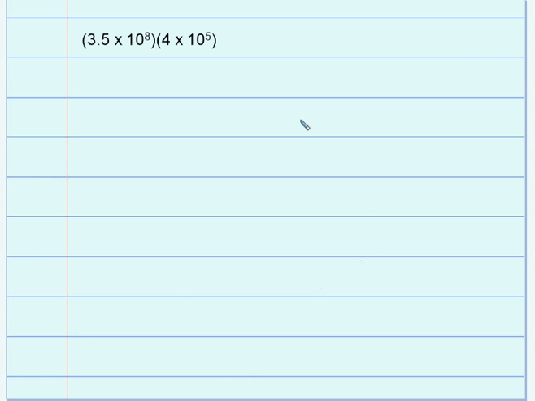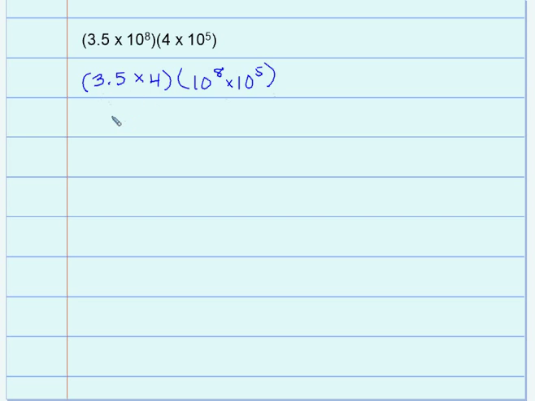And this will work the same if this were a division problem. Okay, so again, use the commutative and associative properties. We're going to take the numbers times the numbers and take the powers of 10 times the powers of 10.